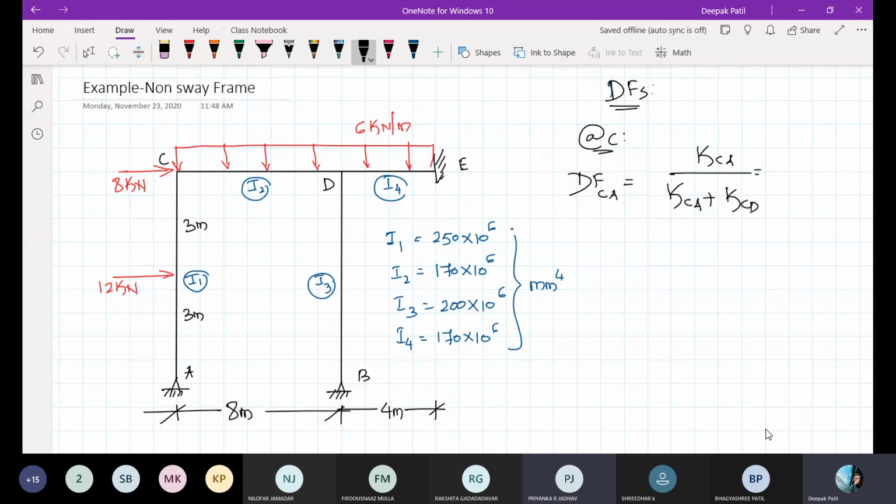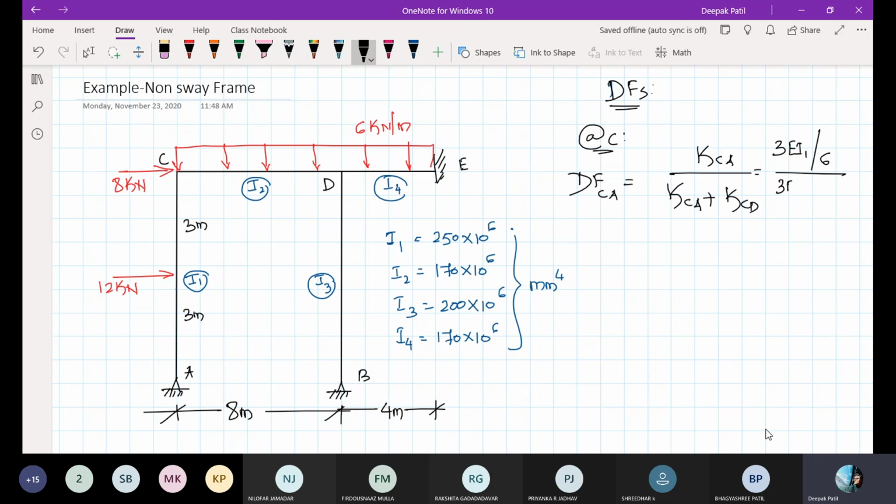The far end support A is what kind of support? It is a pinned support. So if it is a pinned support, what do I have to use? 3EI by L, 3EI1 by 6.